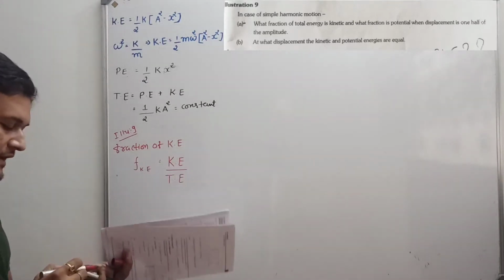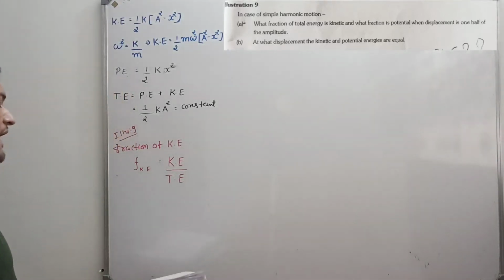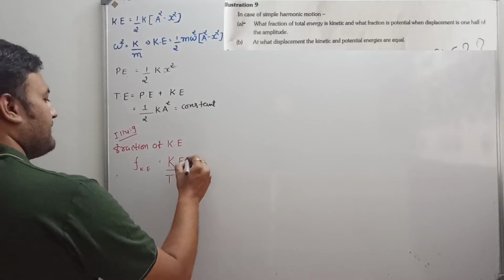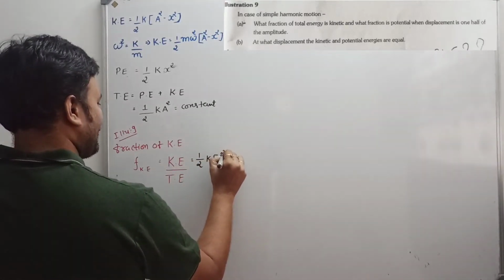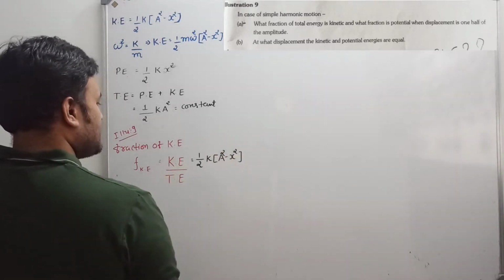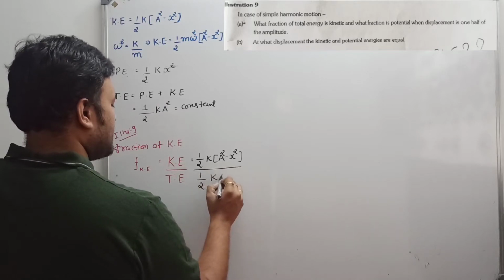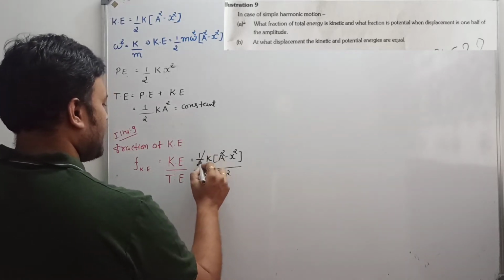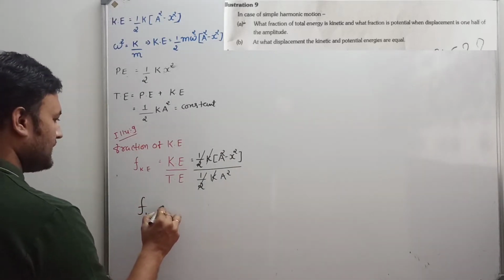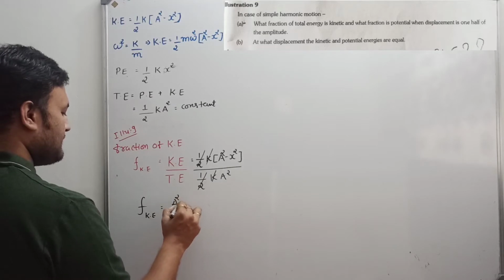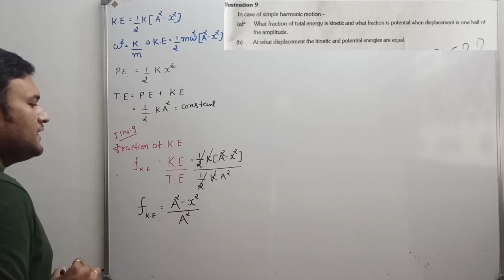The ratio of kinetic energy and total energy gives us the fraction of kinetic energy. Now the kinetic energy is 1/2 k (a square minus x square), and total energy is 1/2 k a square. So 1/2 cancels, k cancels, so FKE is equal to (a square minus x square) upon a square. This is the fraction of kinetic energy.